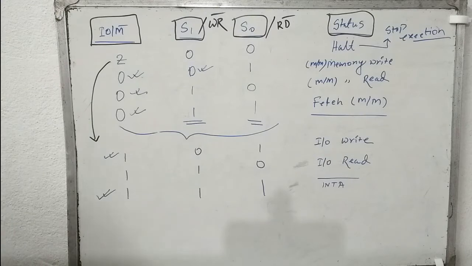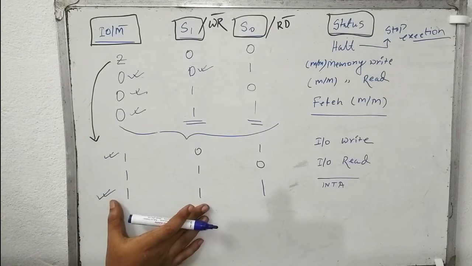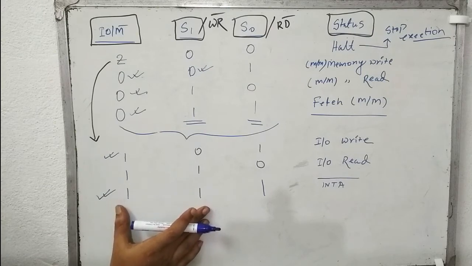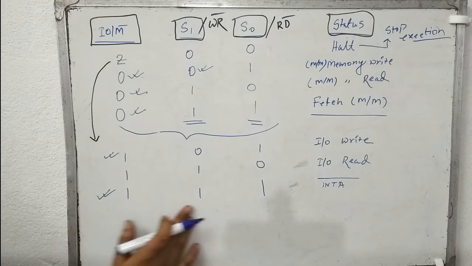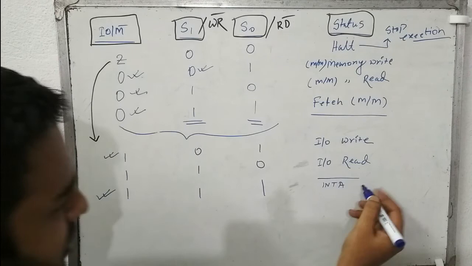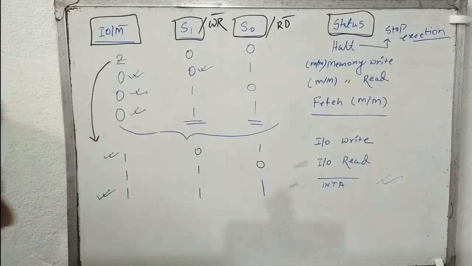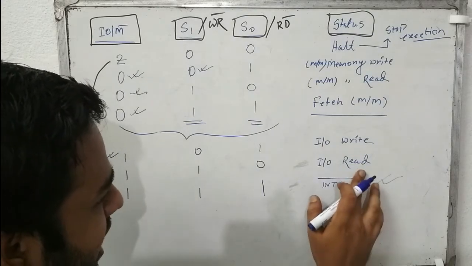When the timing and control unit gets these three signals, it will start to perform the INTA operation, and we will see in more detail what INTA is.